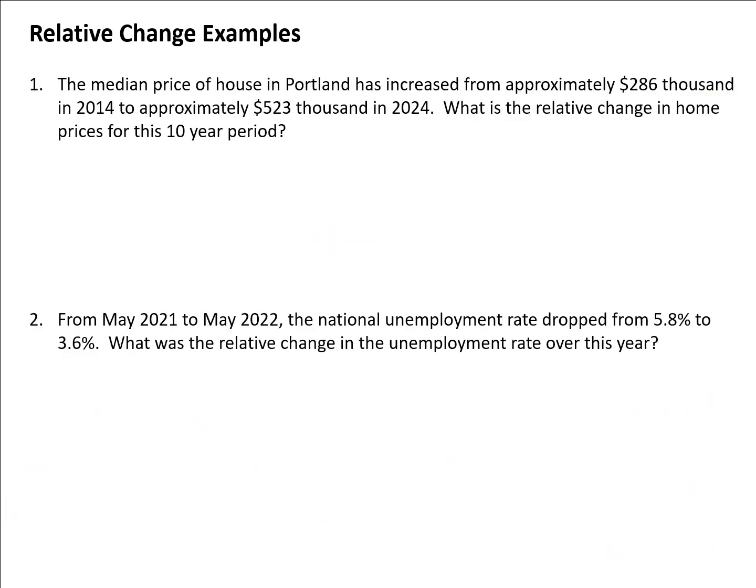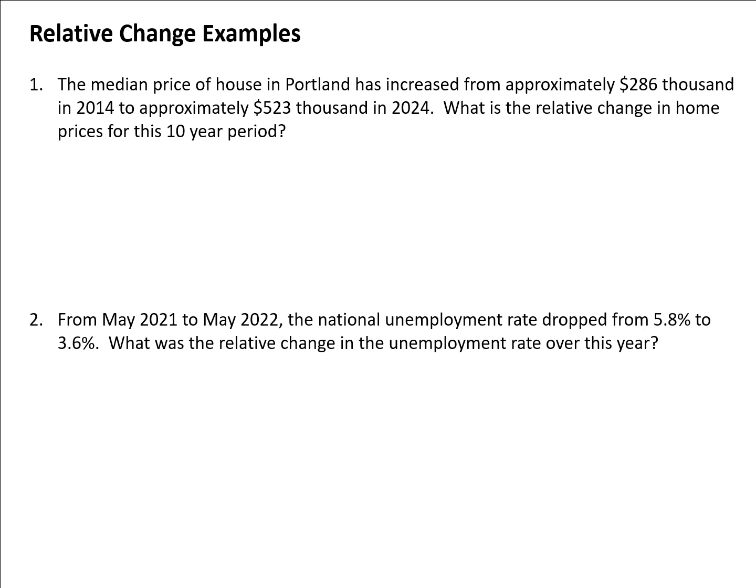Let's look at two more examples of relative change. First, the median price of a house in Portland has increased from approximately $286,000 in 2014 to approximately $523,000 in 2024. What is the relative change in home prices for this 10-year period?